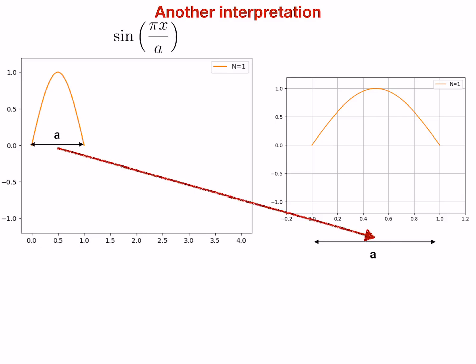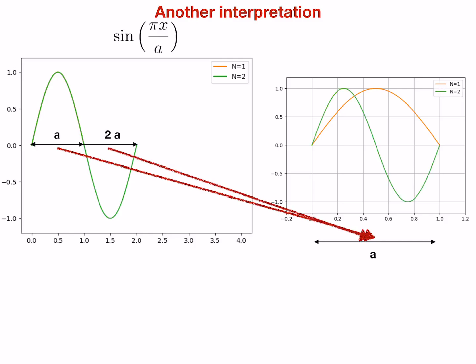Let's look at a second one. Let's take two half cycles, or rather one full cycle in this case, and then map this to an interval 0 to a. Now we see that this essentially compresses the entire thing into the smaller interval, and then you have a root at the regular interval.